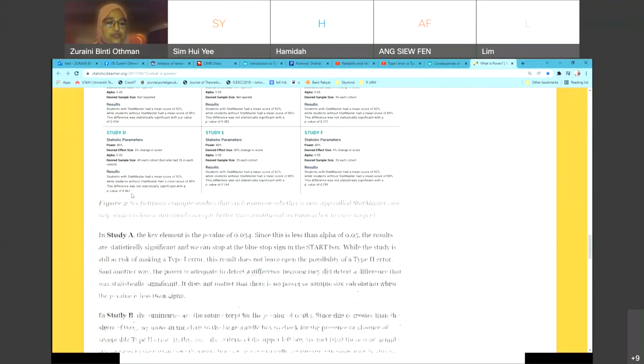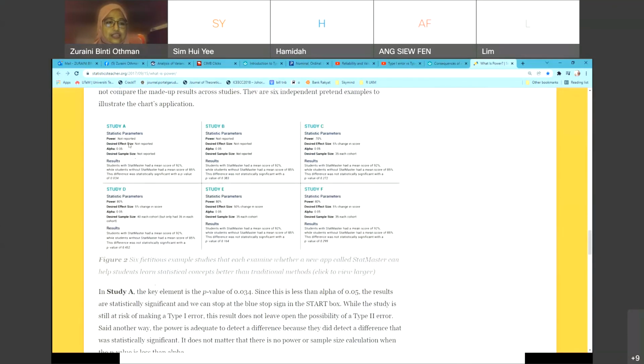In study A, alpha is 0.05. The result is that students with Stat Master had a mean score of 92%, while students without Stat Master had a mean score of 85%. The difference was statistically significant with a p-value of 0.034.